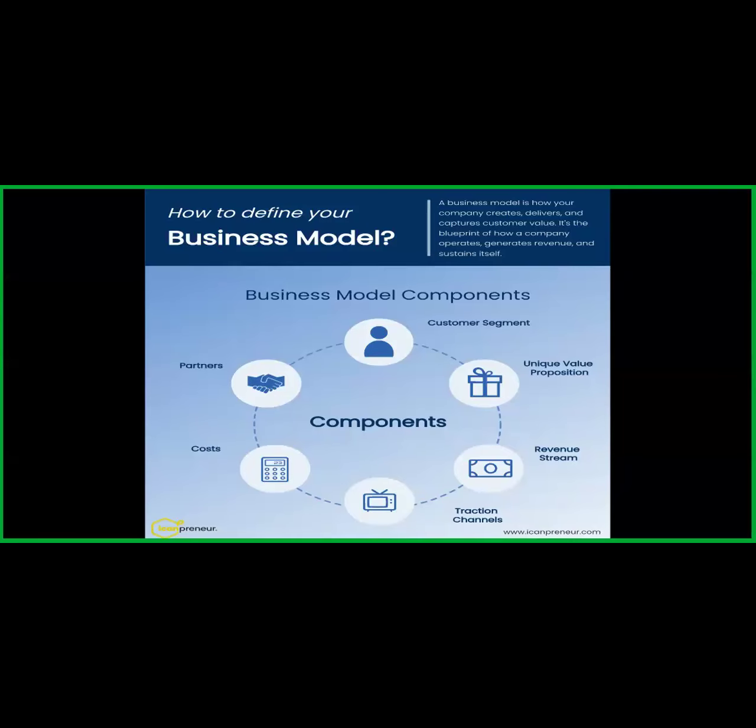Then the revenue stream: how we will be collecting our revenue, how we are going to sell our product, and how we will be collecting the revenue. When Jio came up with the blueprint, they were aware that for the first 3 months they were not going to earn anything, zero, only investments.